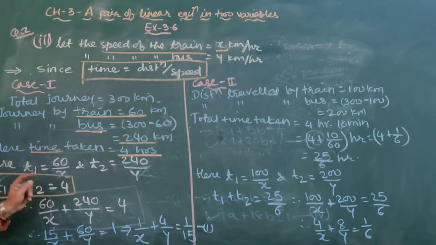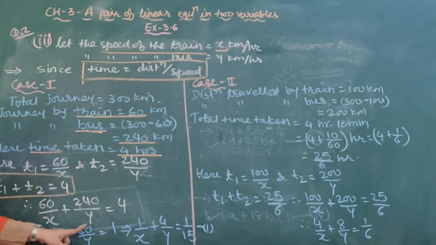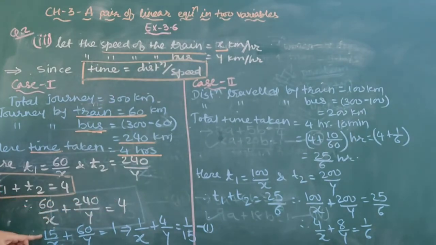Is it clear? Now the next step is to substitute the values. Instead of T1, can I add 60 by x? Yes. Plus instead of T2, 240 by y is equal to 4. If I take out 4 as a common from all these three terms, I get 15 by x plus 60 by y is equal to 1.